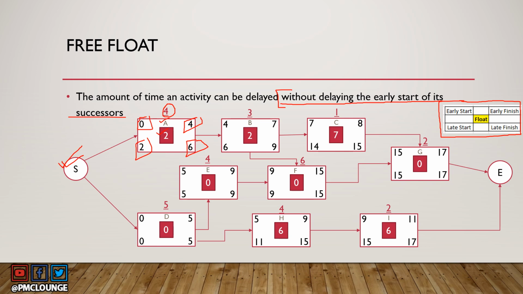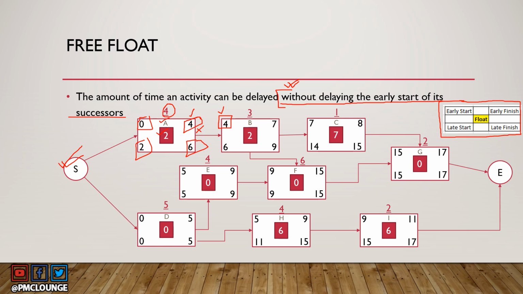So what does this say? Let's discuss this again. The amount of time an activity can be delayed without delaying the early start of its successor. So this is the early start of the successor of A. And since this activity is ending at 4 and the early start of its successor is also 4, this activity cannot actually be delayed, right?